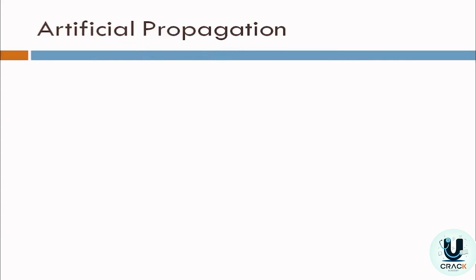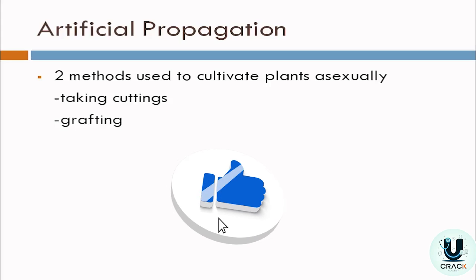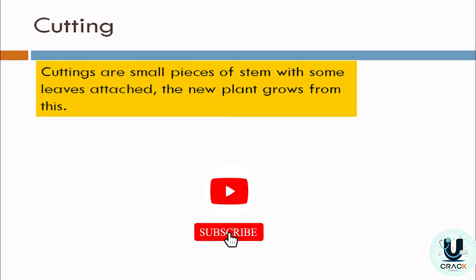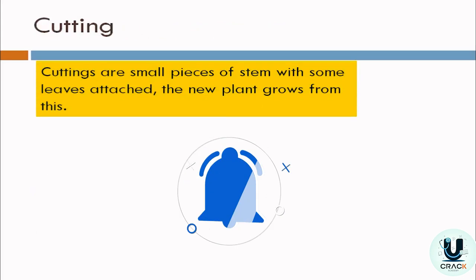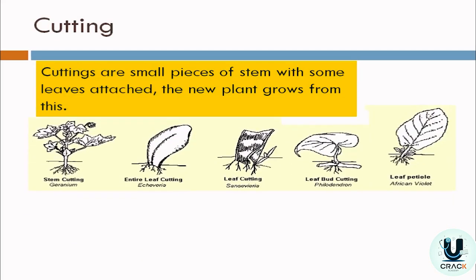Artificial propagation. Two methods used to cultivate plants asexually: taking cuttings and grafting. First, cuttings are small pieces of stem with some leaves attached, from which a new plant grows. Look at how they are inserting it. First one, stem cutting.